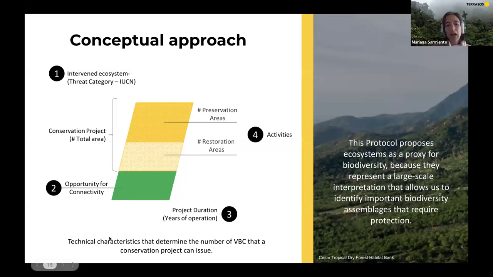And then finally, what types of activities are going to take place within the project area. Based on your preservation and restoration areas, it'll also have an impact in terms of the cost of the project. So these factors will, at the end, have an effect on how many credits your project can issue.